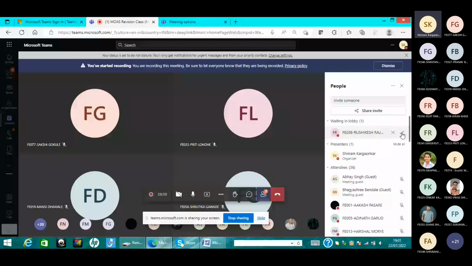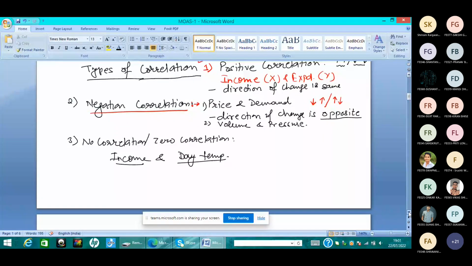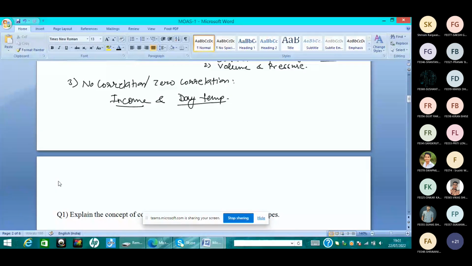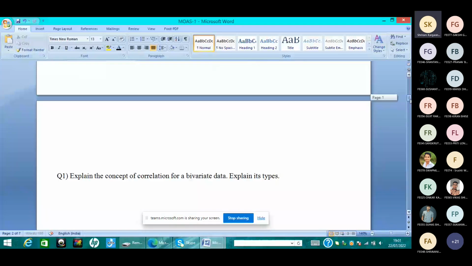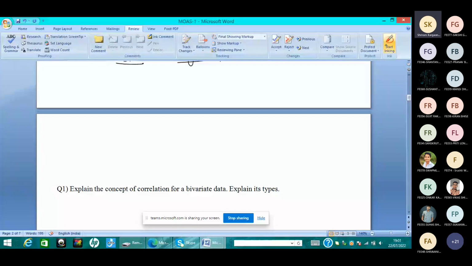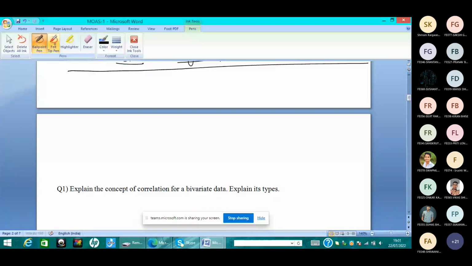So other remaining types are, in the lessons which are coming further, we'll be learning the multiple correlation.